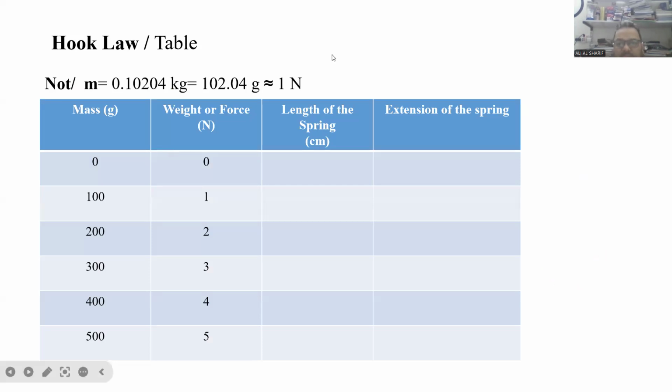Here, you can calculate the K constant. I need this column, this diagram. Here, every 102 something gram is approximately 1 unit.